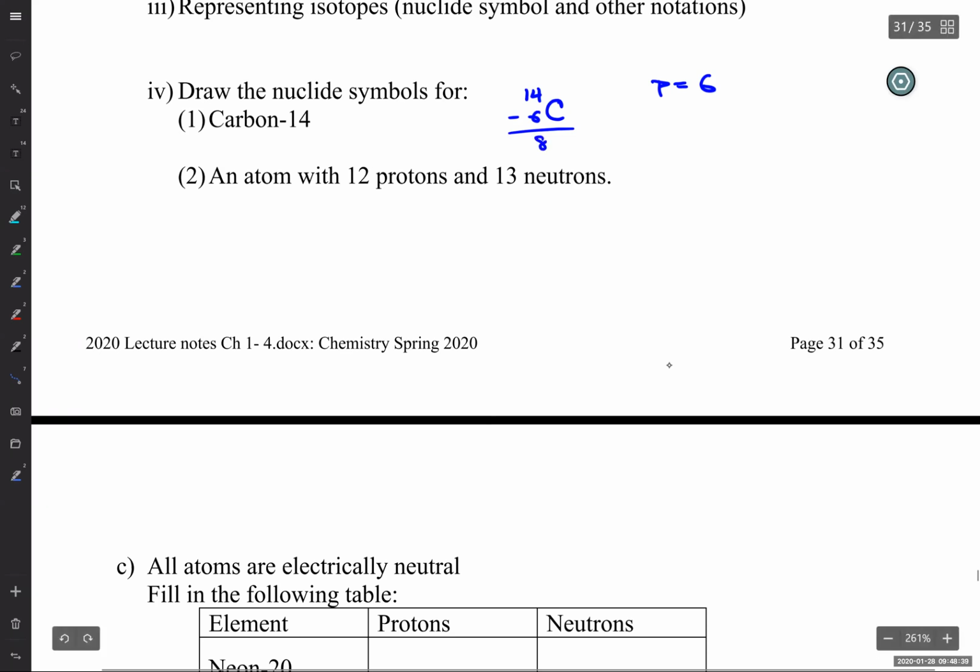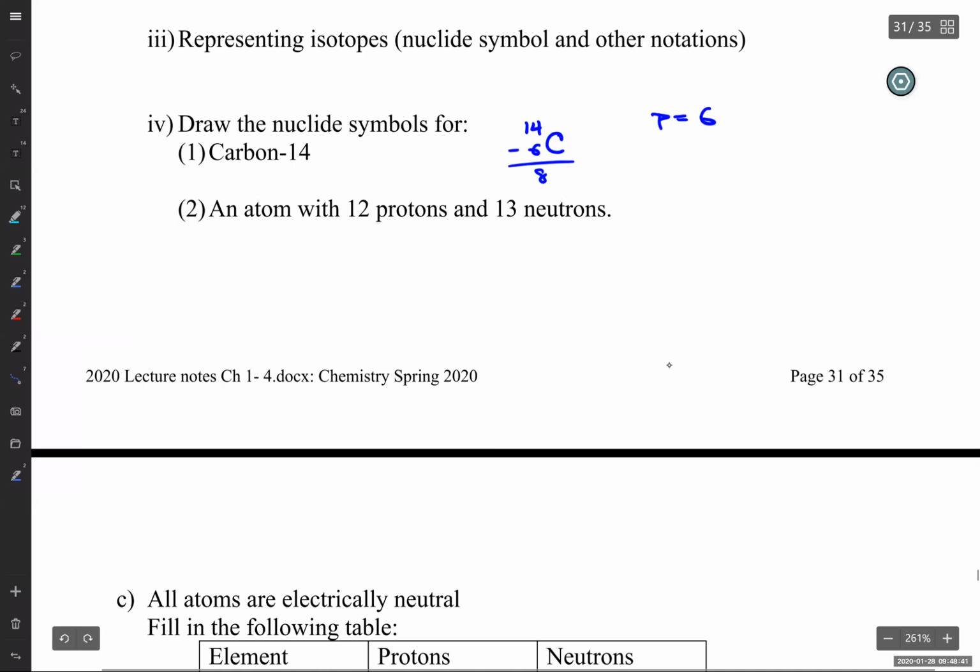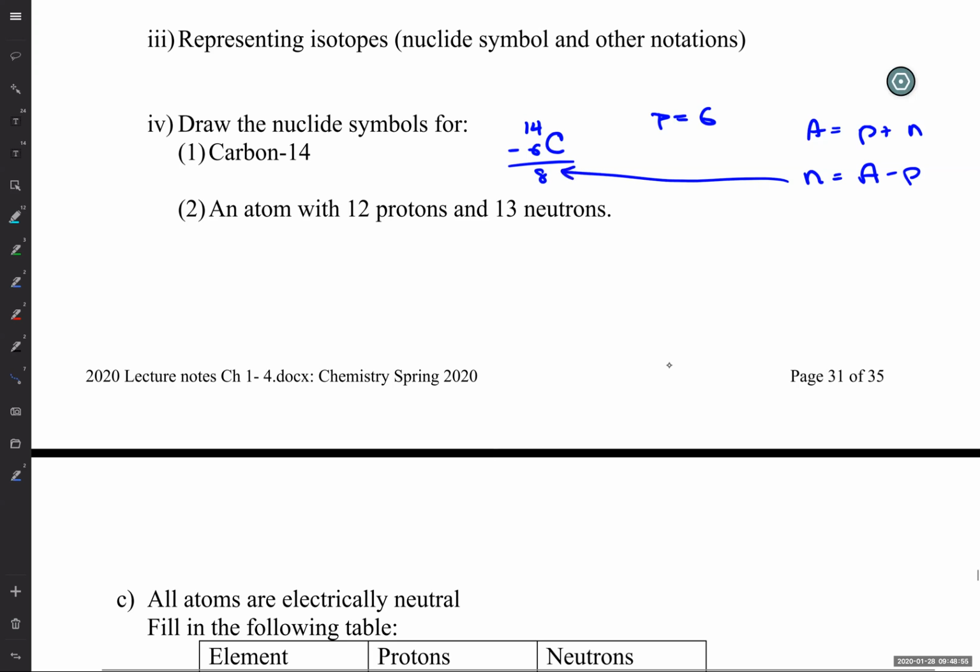That's how I've always done it, but you could also just do the math. You say A is equal to P plus N, and if you want to know the neutrons, N is equal to A minus P. But really what that is is that. So if you just line it up and subtract, that'll be the number of neutrons, right? The neutrons in carbon-14 is equal to 8.